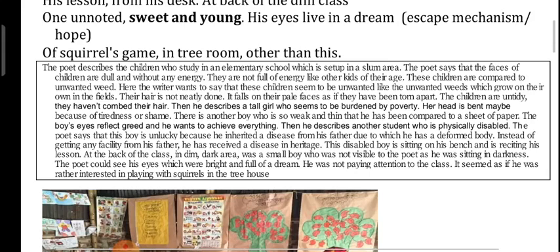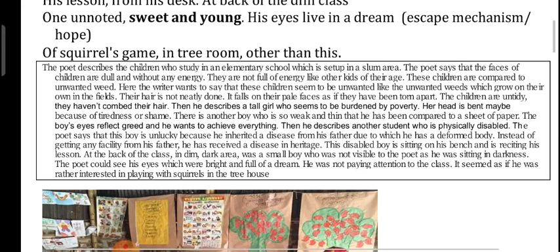Her head is bent, maybe because of tiredness or shame. There is another boy who is so weak and thin that he has been compared to a sheet of paper. The boy's eyes reflect greed and he wants to achieve everything.